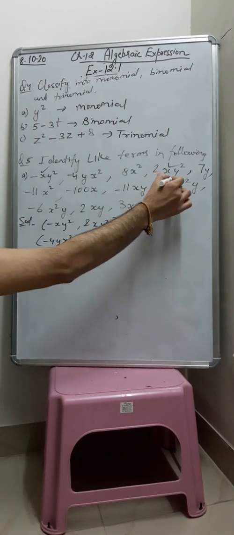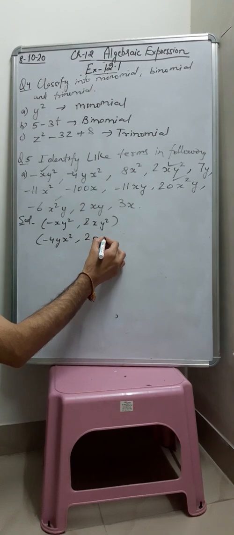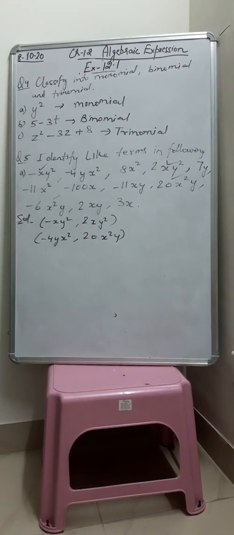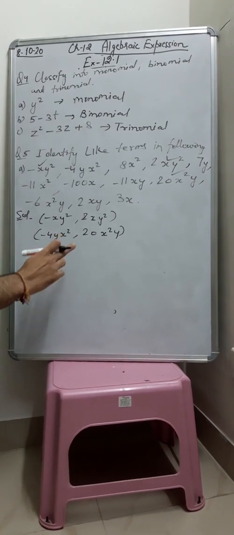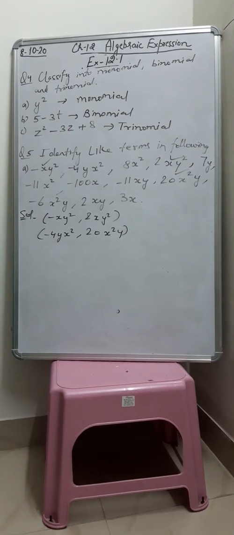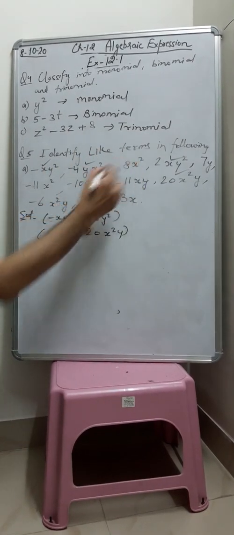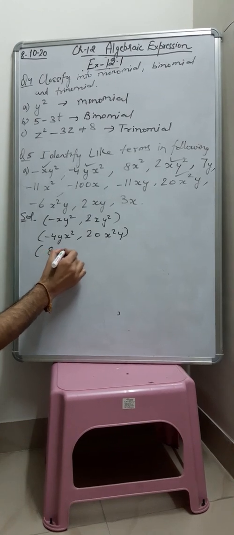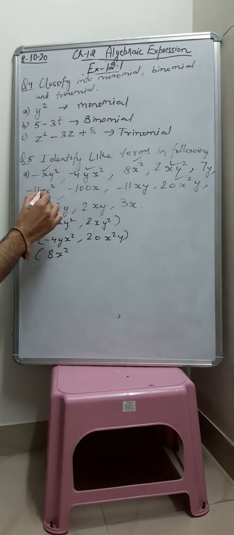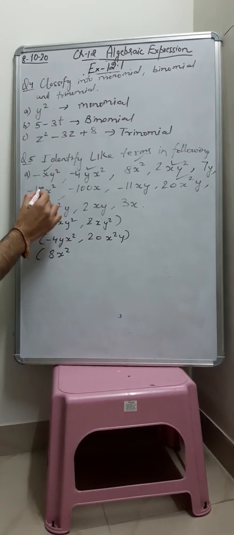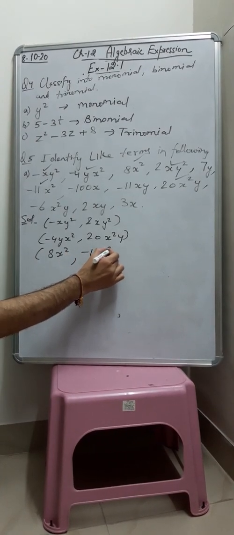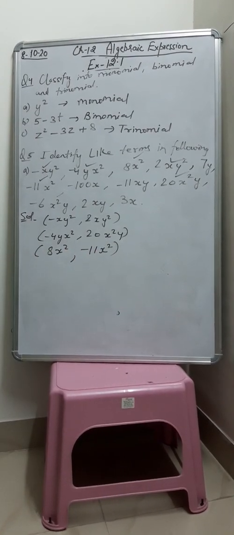So this is your like term, 20x square y. So these two we consider as a pair of like terms. After this, the next will be 8x square. This again we can say is a like term of 8x square, that is minus 11x square. So these two are a pair.